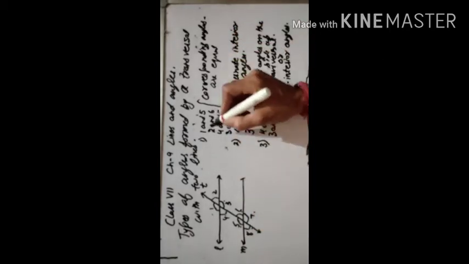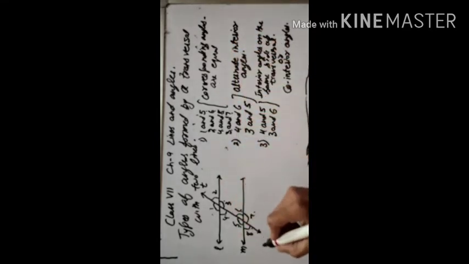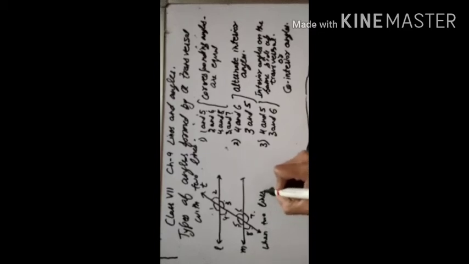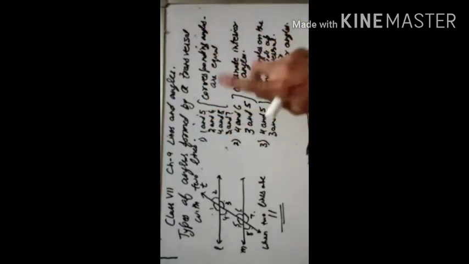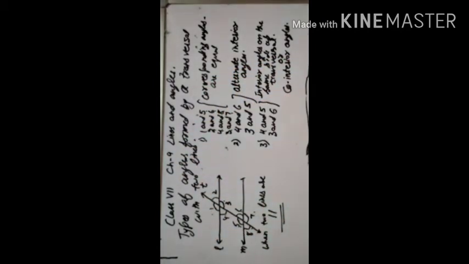So these are all equal: 1 is equal to 5, 2 is equal to 6, 4 is equal to 8, 3 is equal to 7. This is only when the two lines are parallel. Then all these corresponding angles are equal. Or we can say, if corresponding angles are equal, then these two lines are parallel, and vice versa.